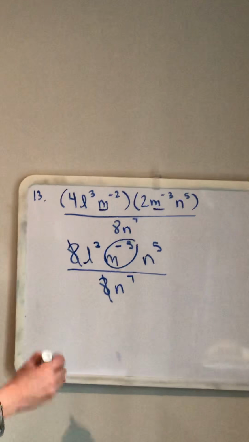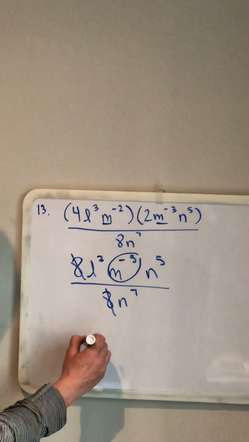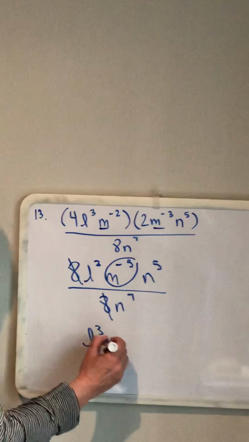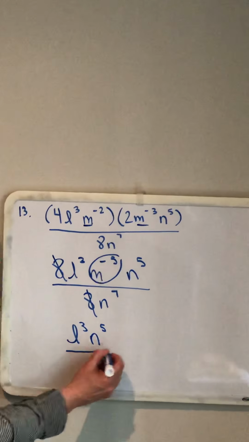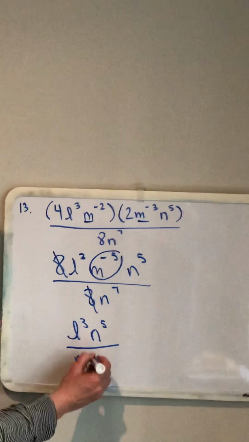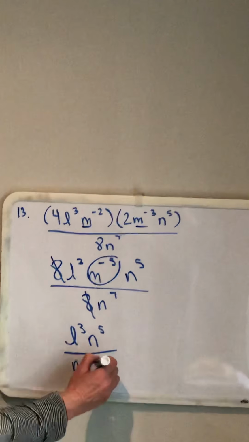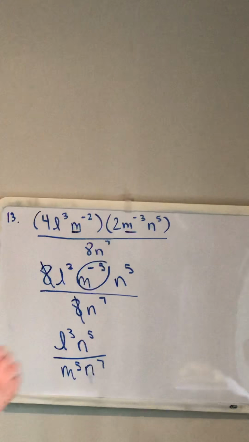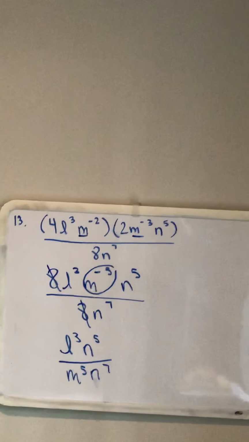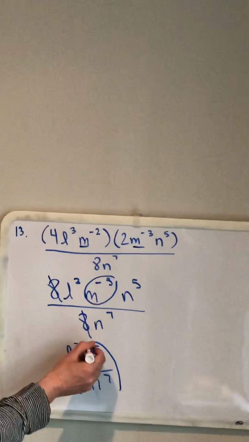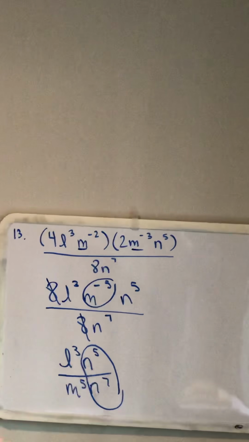So now what you have in the numerator is L to the third, N to the fifth, and in the denominator, M to the fifth that just moved down there, and N to the seventh that was there before. Now you're not allowed to have 2 of the same letter in your final answer, so right here you have to decide, is this where I add or subtract the exponents?